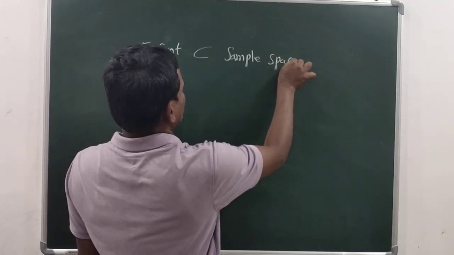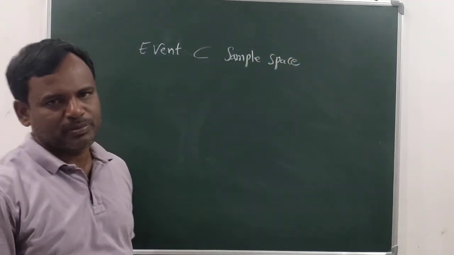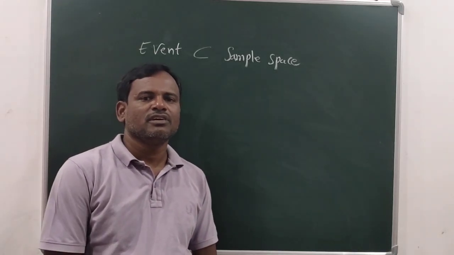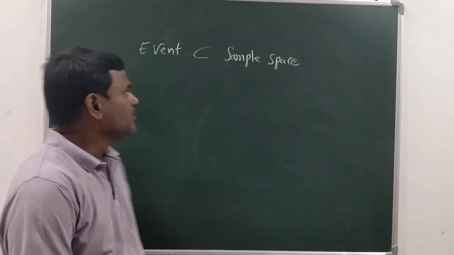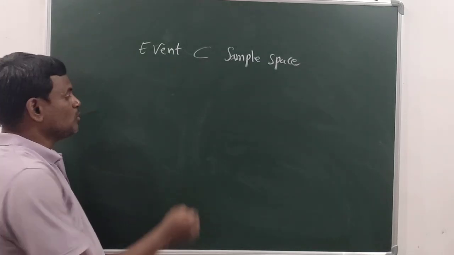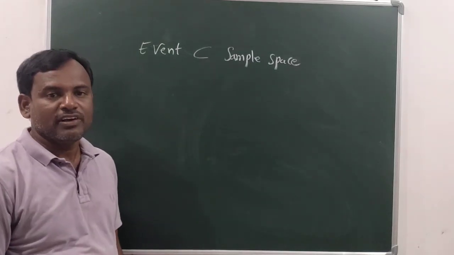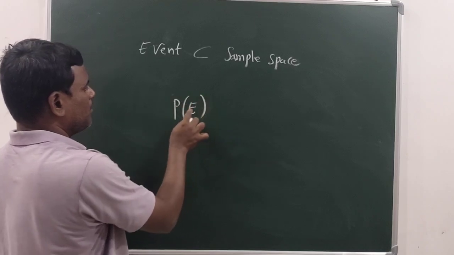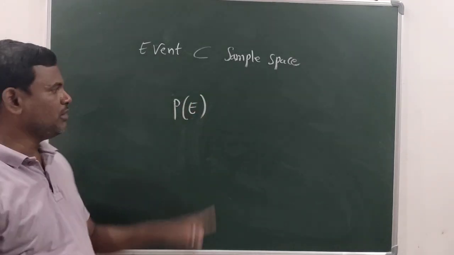Event means what? Subset of sample space. Part of a sample space. Okay? Right. See, now let us go to the probability of an event.